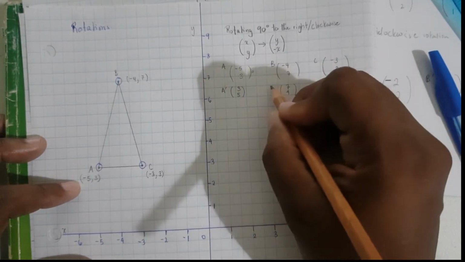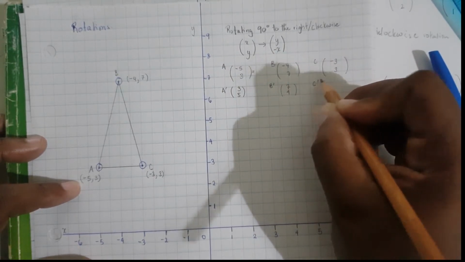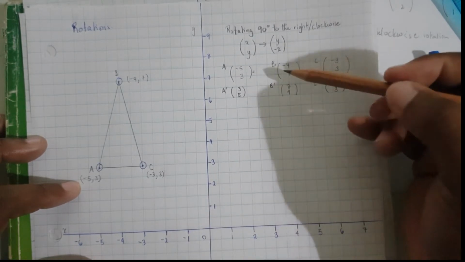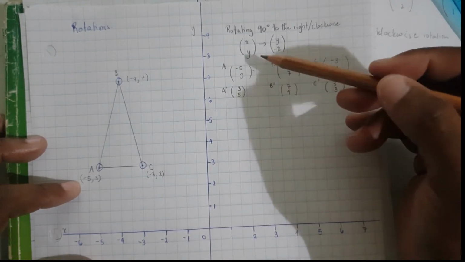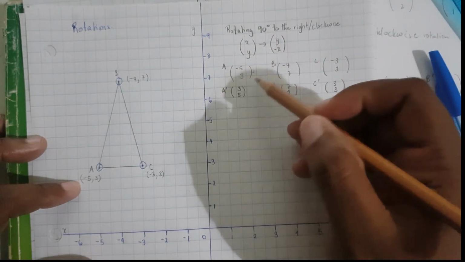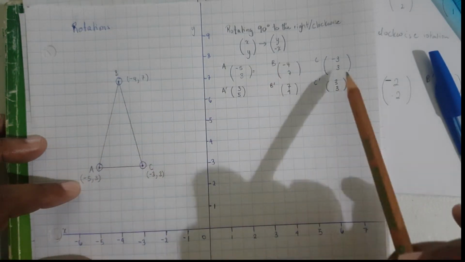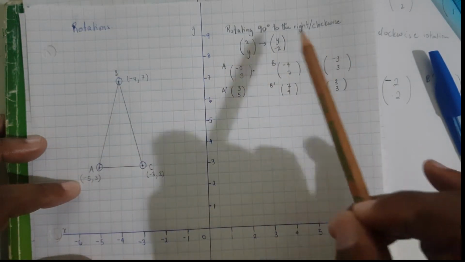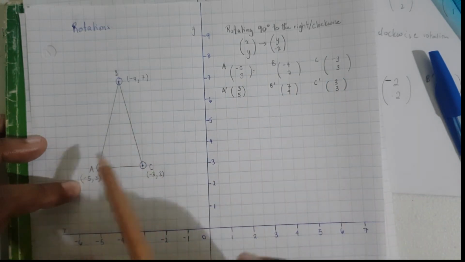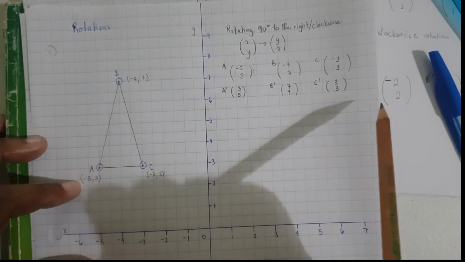And then C prime would be 3, 3. Okay, so you just flip them, and then you multiply the new y value by negative 1. So if we do it the way using the protractor and the compass and all that jazz, we should get the same outcome here for our values.